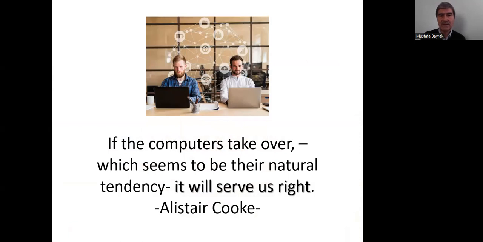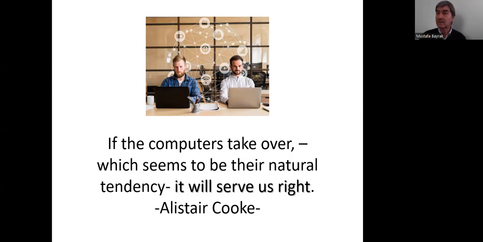Alistair Cooke said, yes, a meaningful sentence. If the computers take over, they take control of us. If the computers take over, which seems to be their natural tendency, in parentheses. So this is the main clause.